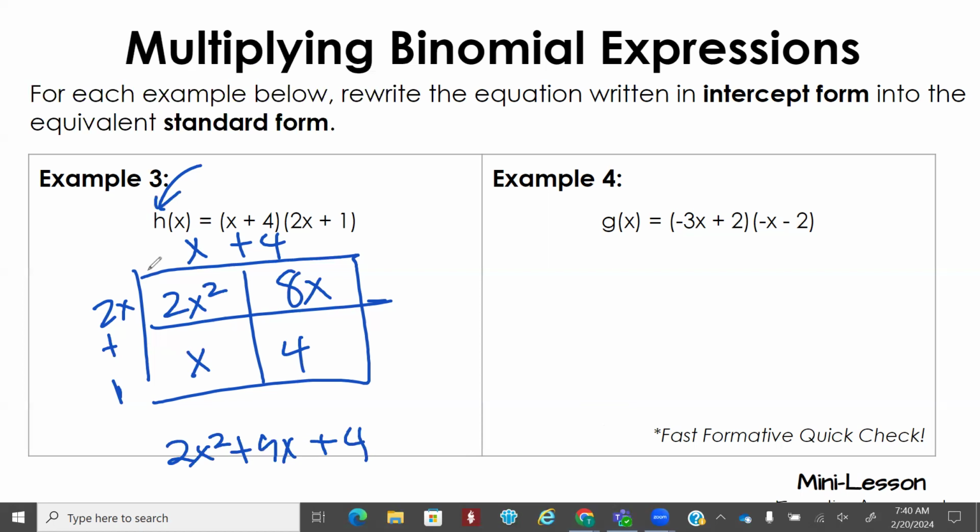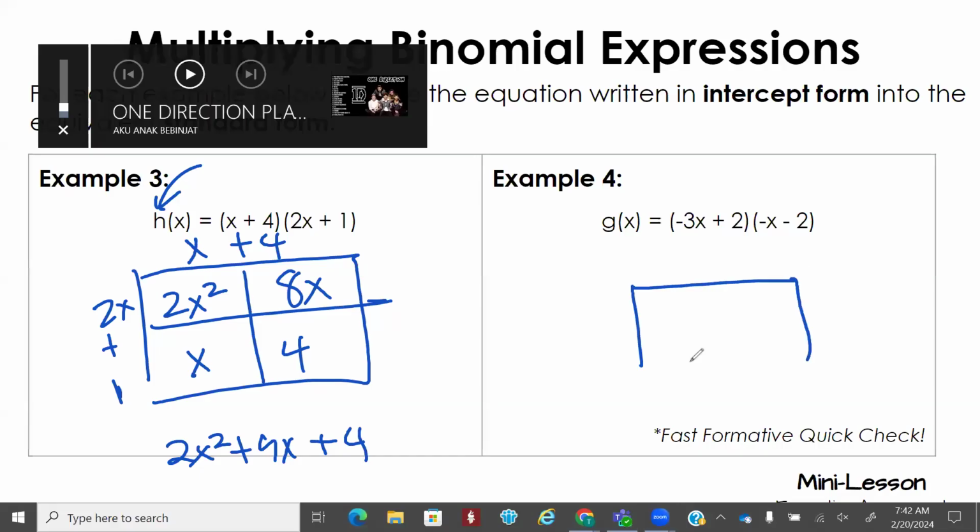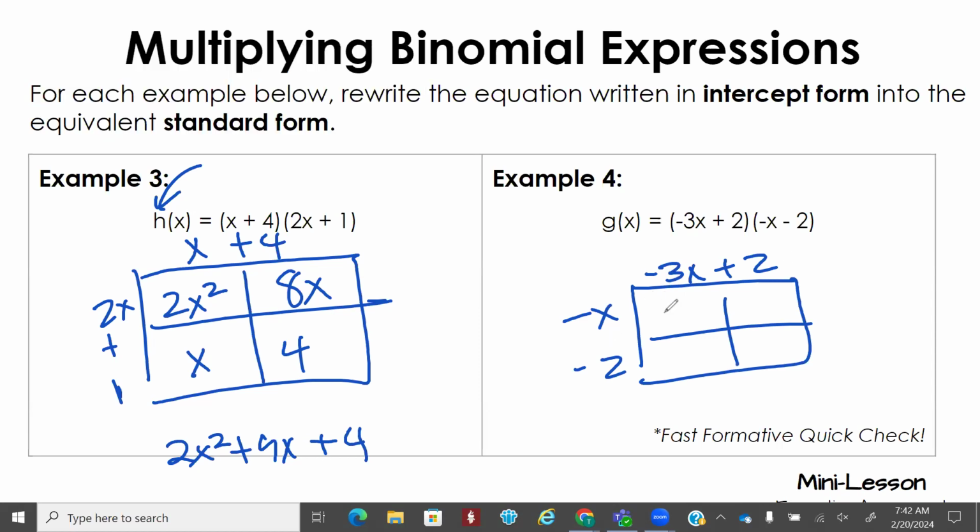Can you try this next one? Be careful of the negatives. Those are important. Use a calculator in order to do these. So we've got -3x plus 2 and -x minus 2. When we multiply the sides, we've got -3x times -x. That's going to give us positive 3x squared.